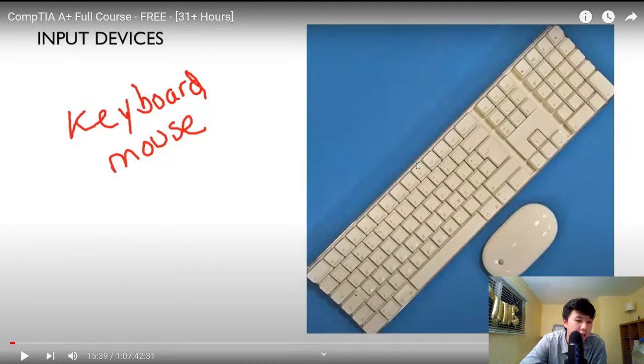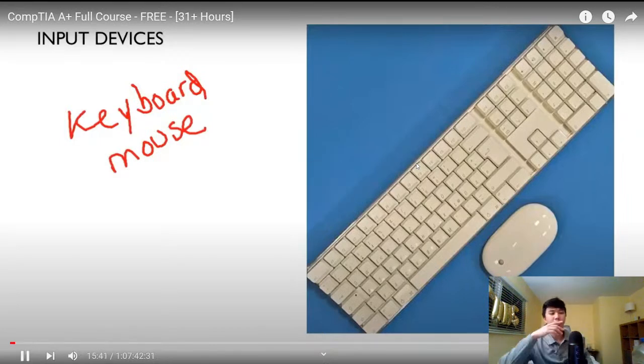It used to be mechanical buttons, and now it's all touchscreen. But I haven't seen a computer that is completely touchscreen. So yeah, we might see a computer that is touch only in the future, maybe.